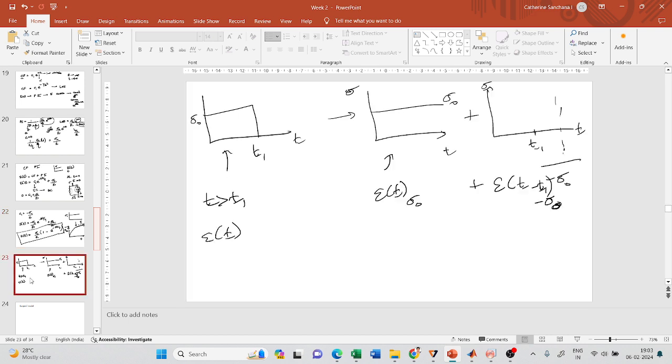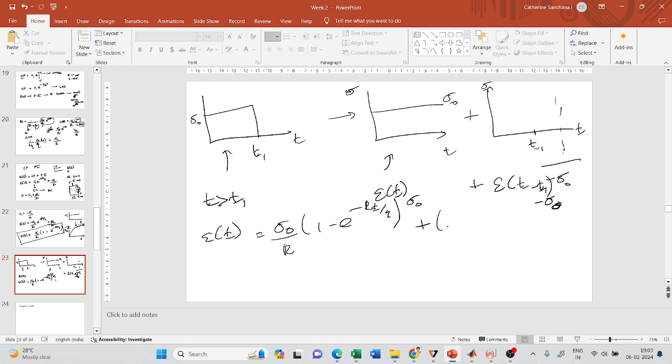In the first case, the equation is as it is, 1 minus e power minus R t by eta, plus minus sigma naught by R into 1 minus e power minus R into (t minus t1) divided by eta.